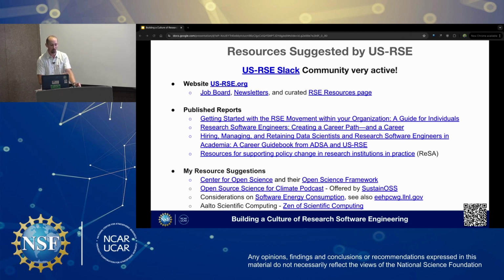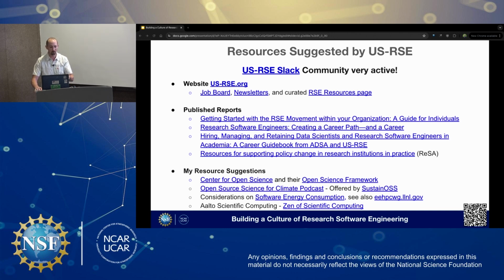Some specific reports that would be useful to highlight here, that members of the RSC community have put out, include how folks get started with building an RSC movement at their organization, identifying and creating career paths for RSCs, as well as hiring, managing, and HR issues for research software engineers in academia.